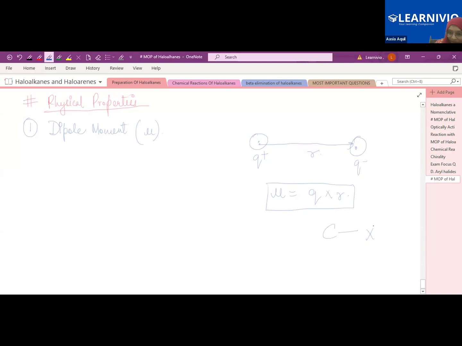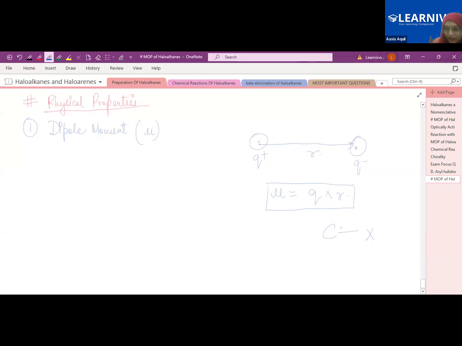You know very well the halogen is more electronegative than the carbon, right? So there is an electronegativity difference. Due to that, X is more electronegative. What does electronegativity mean? The tendency of an electronegative atom to pull the electron towards itself, right?